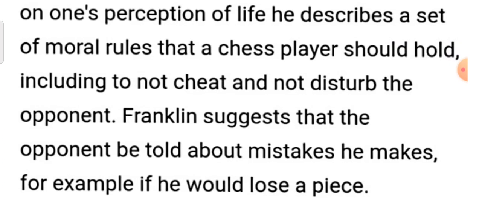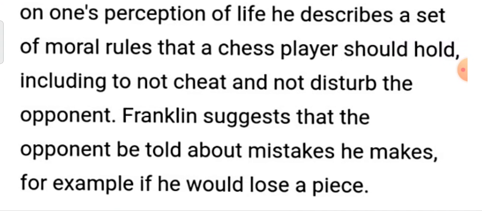When we play chess, we learn how without cheating we can come up to victory, and how without disturbing our opponent we can come up to victory.